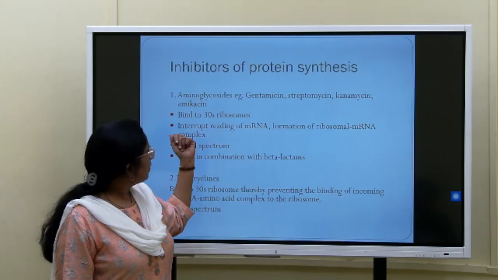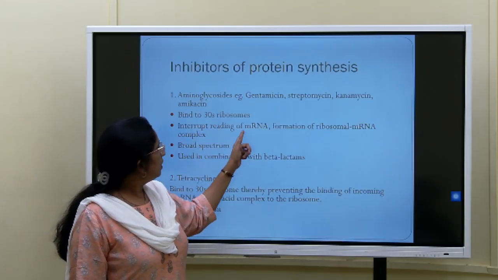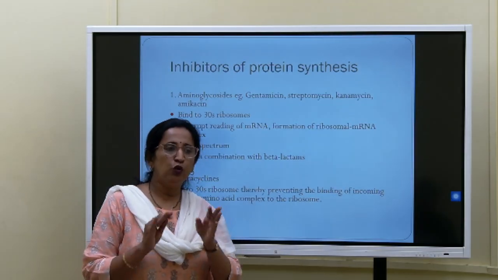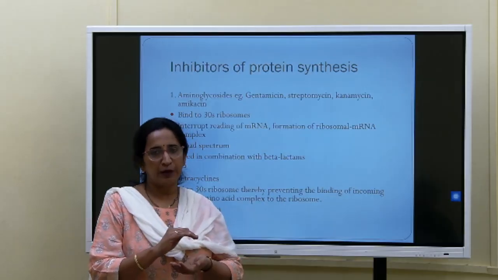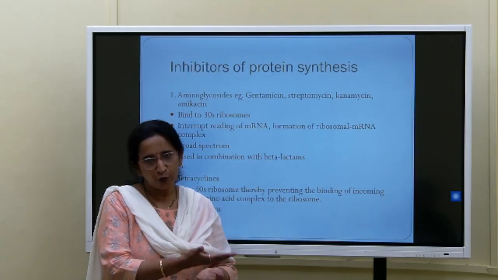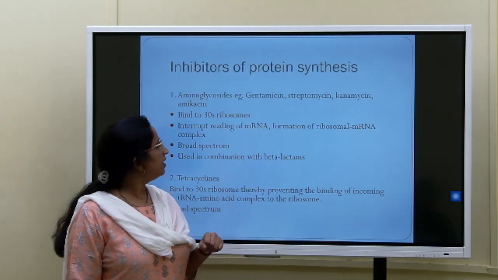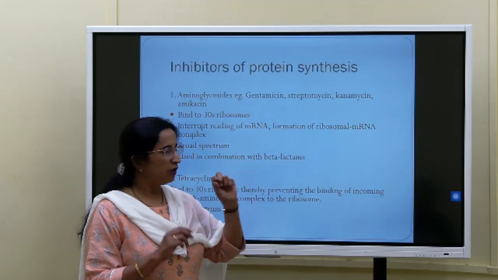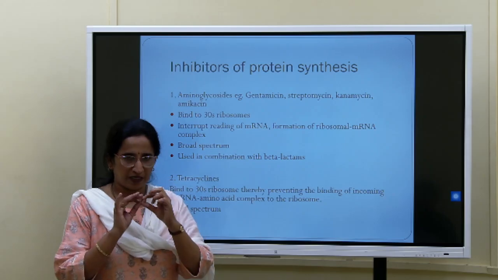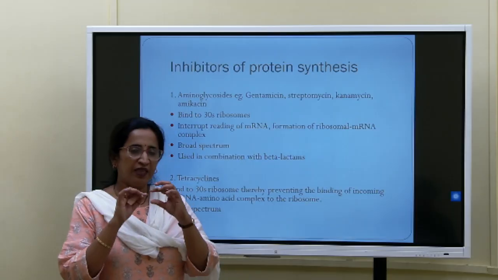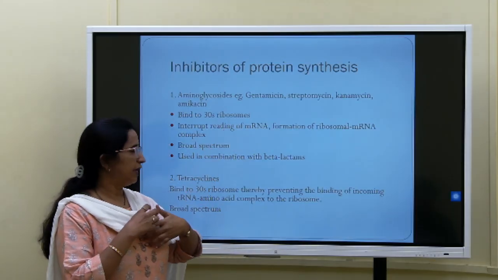And since they bind to the 30S ribosome, they interrupt the reading of the mRNA. In translation, we know that the mRNA is read by the ribosomes. Reading means the mRNA information is converted into protein. So they interrupt this mRNA reading because they prevent the formation of the ribosome and mRNA complex. The mRNA comes to the ribosome and forms a complex as the first step. That step is disrupted by these antibiotics.